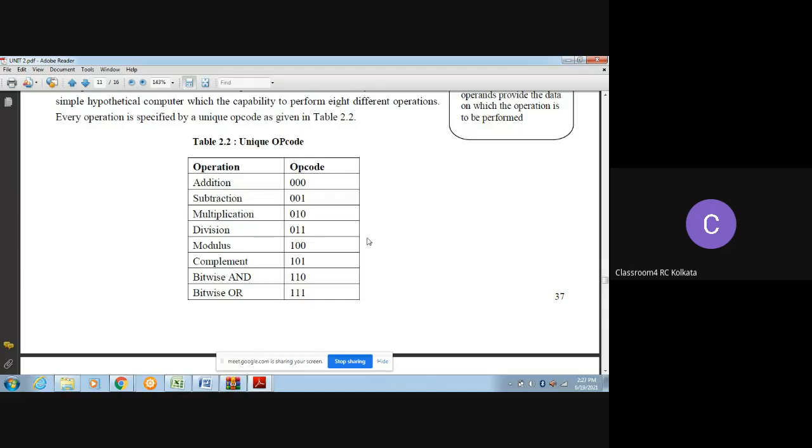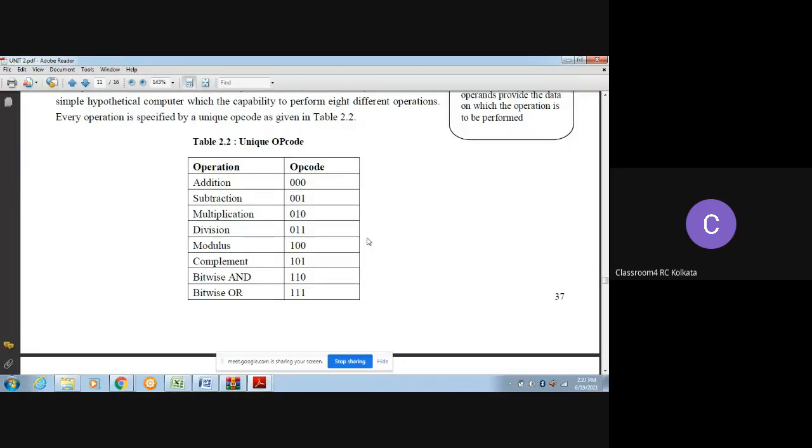So what is the output of this operation? That means if A and B are true, then the output is true. Here A is 0, B is 1. So the output is obviously false because both are not true. And in the OR operation, if any one is true, then the output is true. That means if A is 0, B is 1, then the output is your 1.